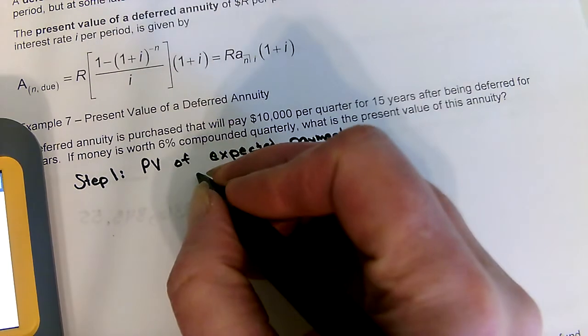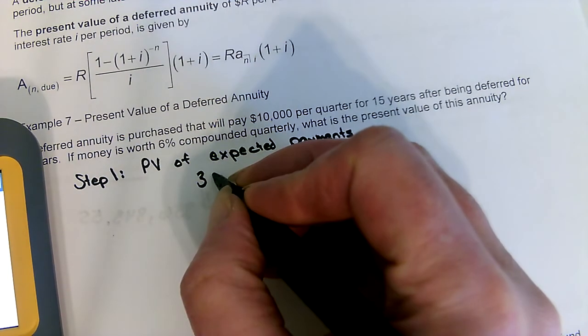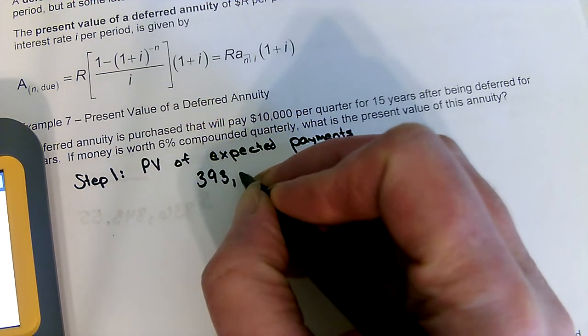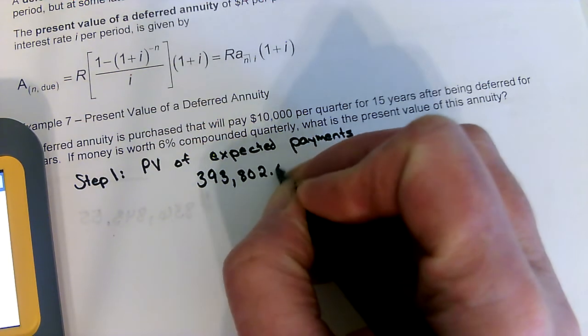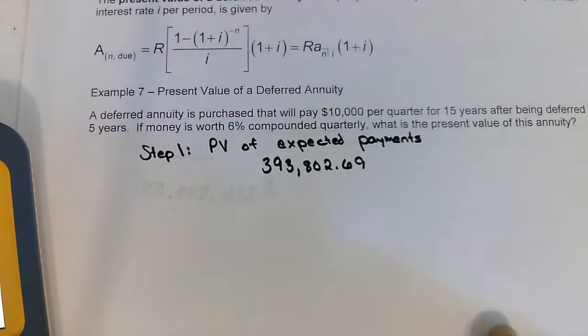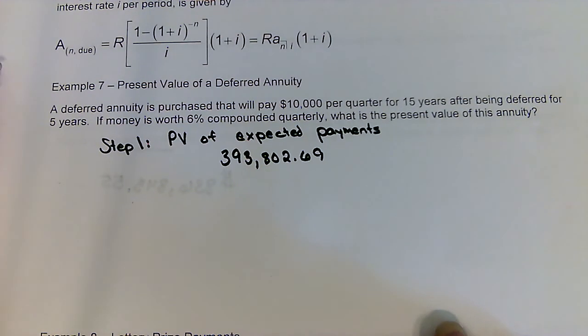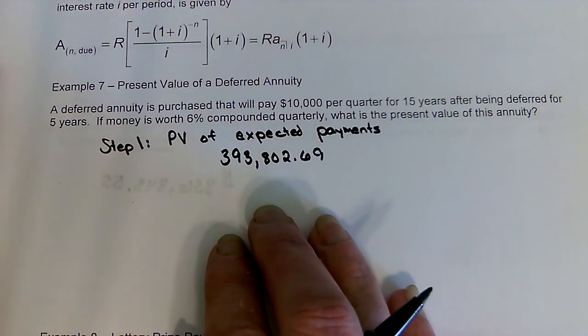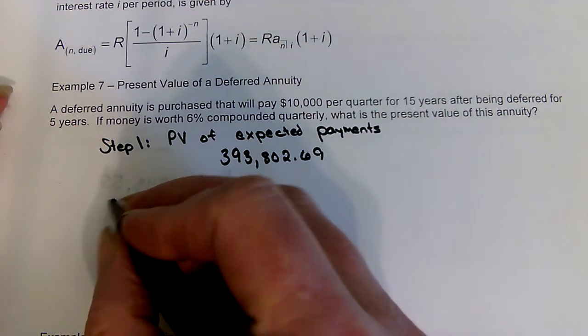I get that the present value, when you start getting the payments, is $393,802.69. Now we need to know how much needs to be put in there 5 years earlier to have that much after 5 years.